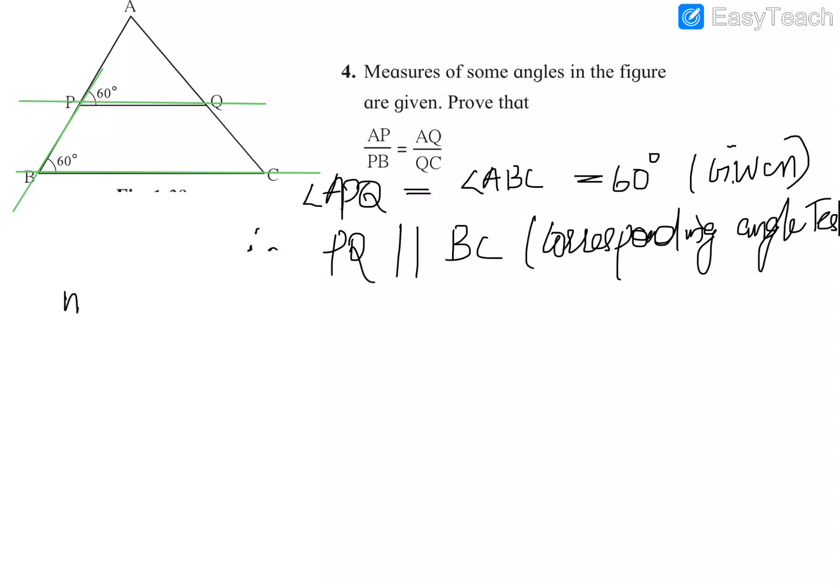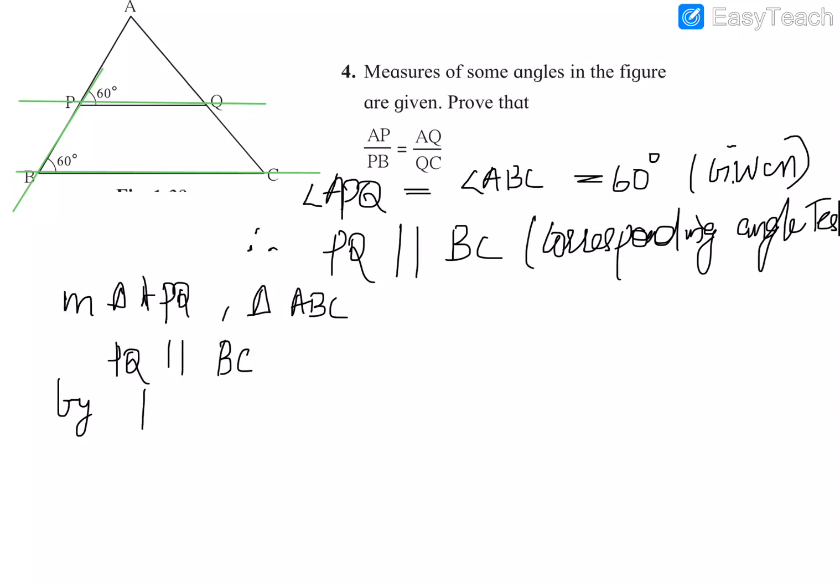So we can write, in the two triangles, triangle APQ and triangle ABC, PQ is parallel to BC.